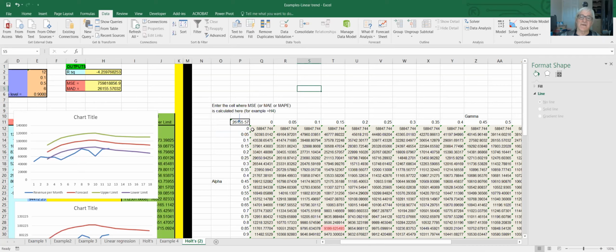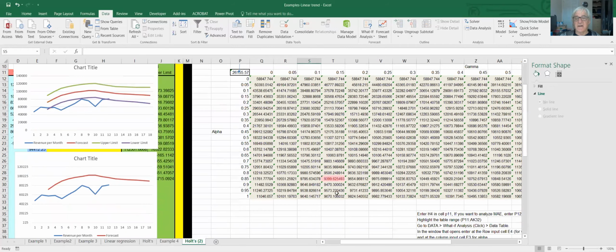It's going to calculate MAE that I defined here in the corner to be my function for every combination of gamma and alpha. There are 400 different combinations here, 20 by 20. So it will do it 400 times. It will be very, very fast.